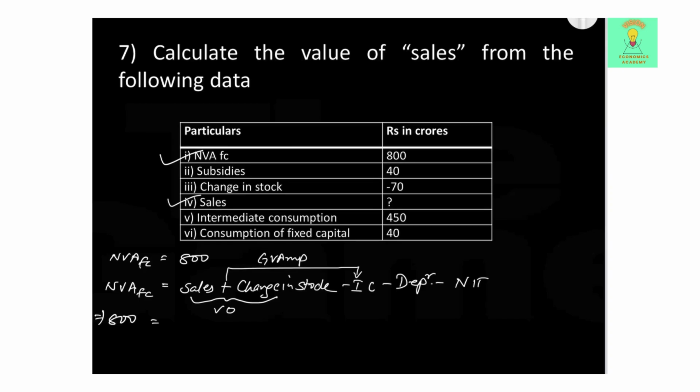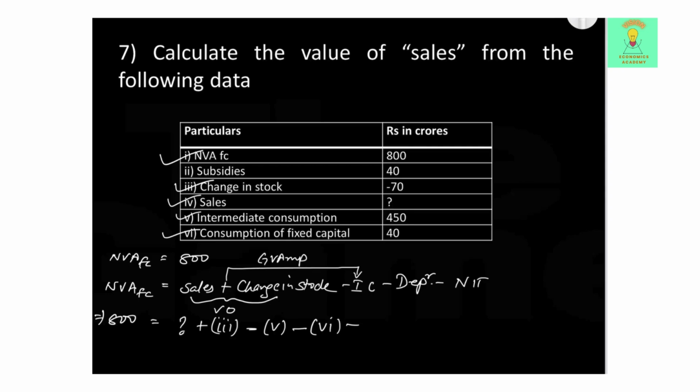800 equals sales, we don't know, plus change in stock, which is directly given over here, right? Minus intermediate consumption, number 5, minus depreciation, which is consumption of fixed capital, number 6, minus net indirect taxes, which is indirect tax minus subsidy.